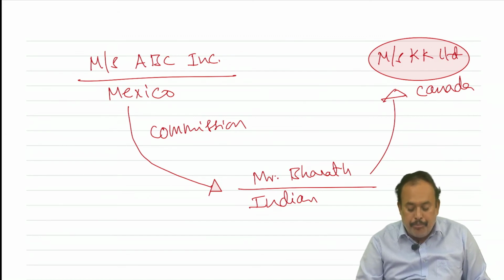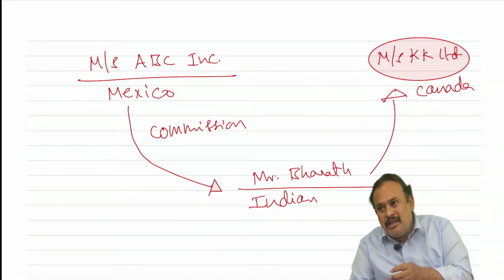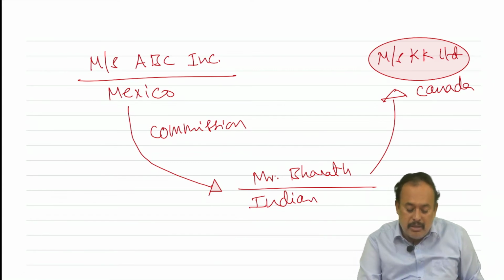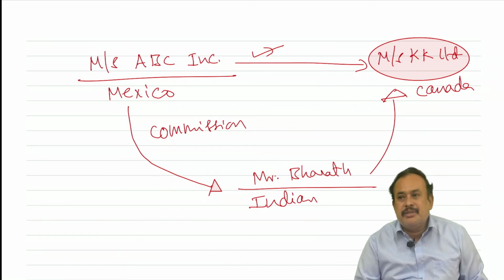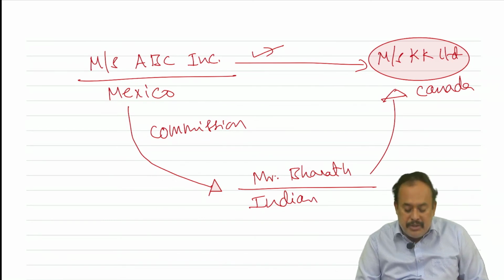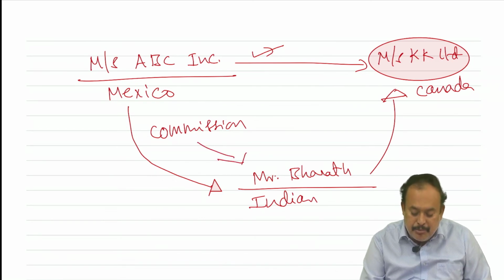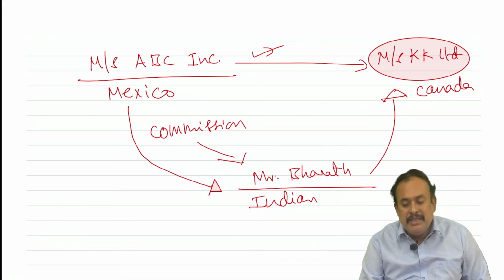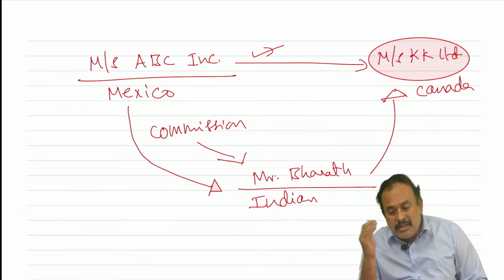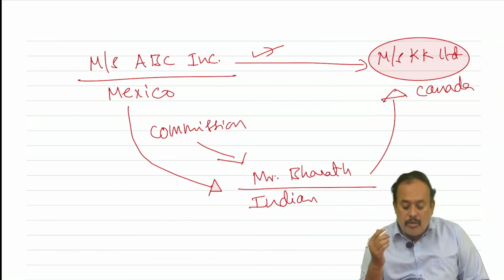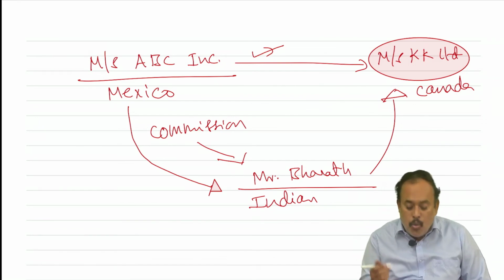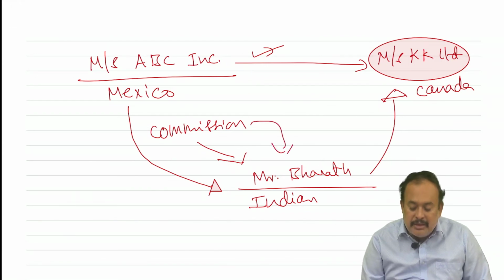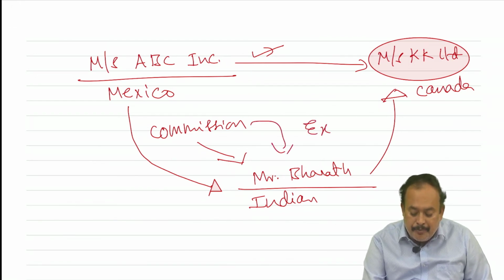Mexico pays the commission to Bharat in India to get the orders. Then goods are directly supplied to the buyer after getting the orders, for which commission is paid to Bharat by ABC Incorporation, because he only gets the order to supply the goods. Now the goods are moving directly from Mexico to Canada without touching India. Whatever commission he earns qualifies for exemption.